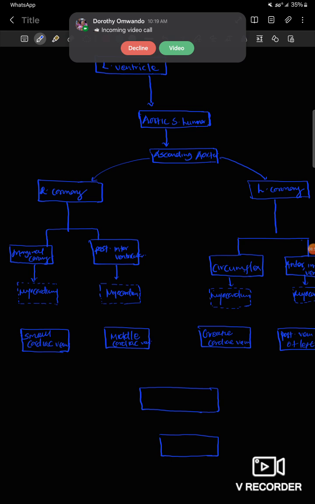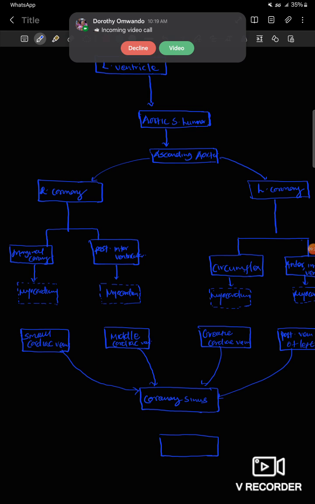After all of those, they drain to what we call the coronary sinus. This drains to that, this drains to that, all of those drain to this common coronary sinus.